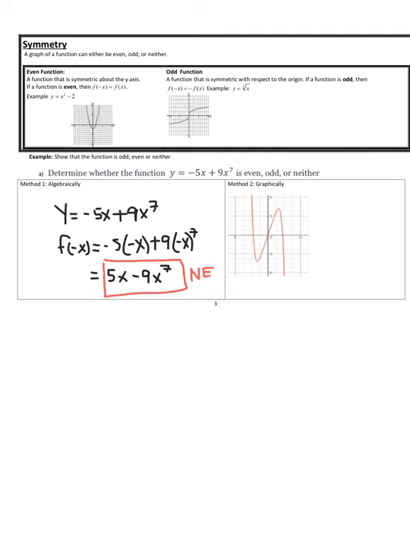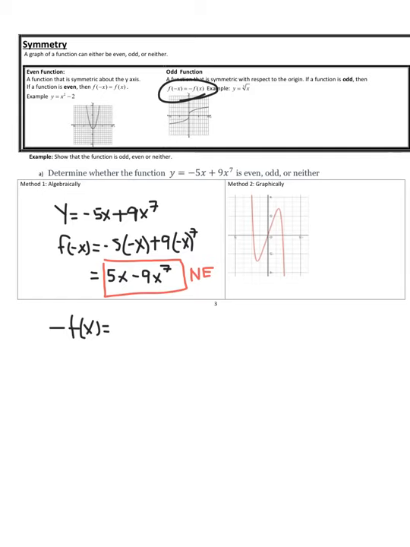Now I'm going to check whether it is odd. So how do I do that? If it is odd, if I plug in negative x, this is what I should get right here: negative f of x. That's what I should get if it is odd.